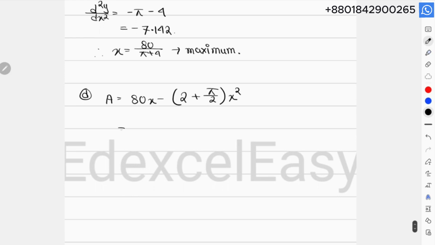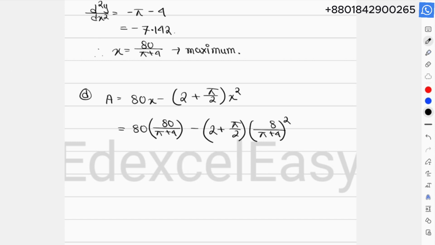In every case we're going to write 80 over pi plus 4, then 2 plus pi by 2 multiplied with 80 over pi plus 4 squared. We're going to input all these things on a calculator and find out the value for the last part, for the area when x was this value.